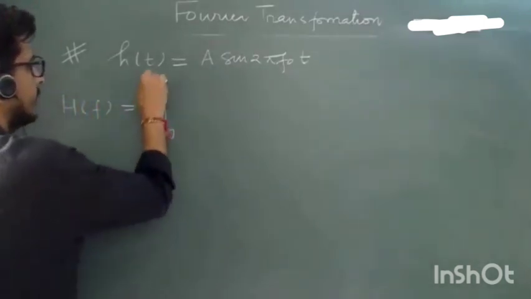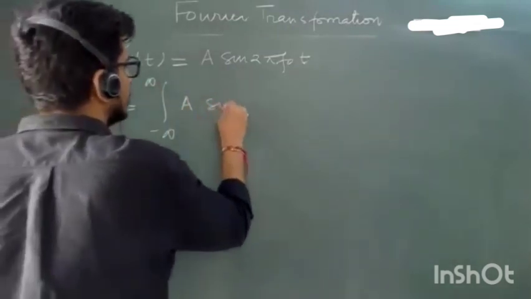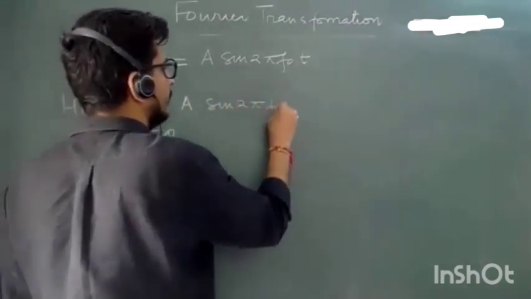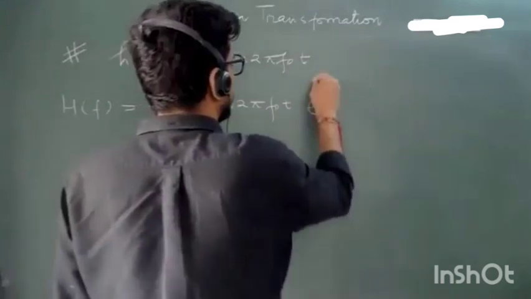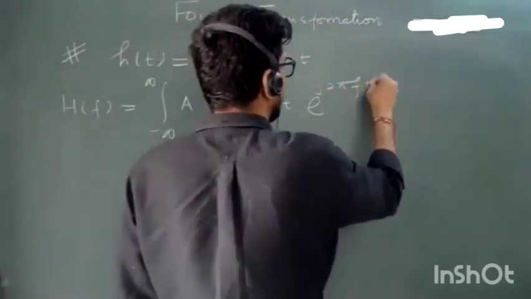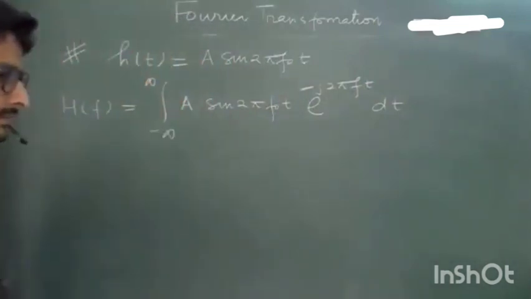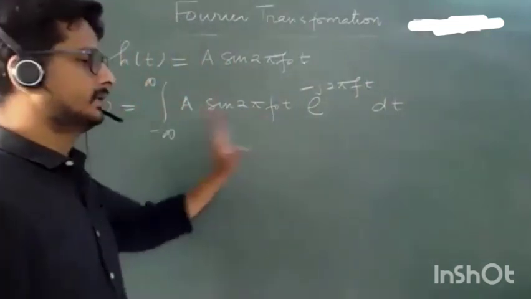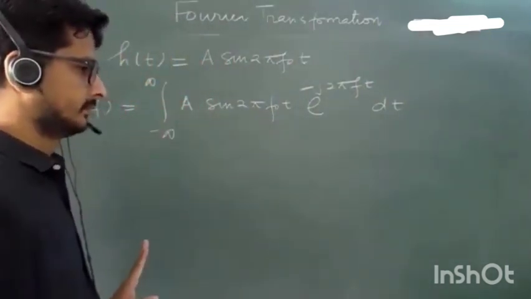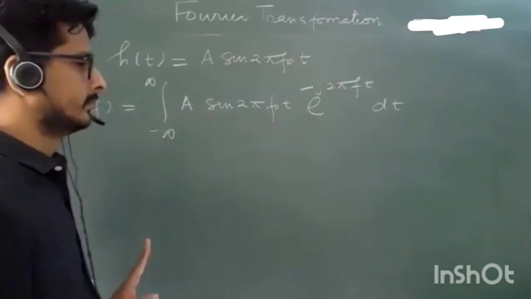H of f will be given by integral minus infinity to plus infinity A sine of 2 pi f naught t e to the power minus j 2 pi f t dt. Please see this. Everybody knows this step? Yes, sir.